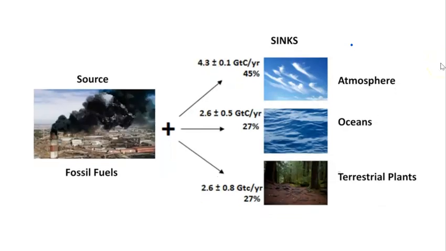And if we focus in on fossil fuels as representative of the major contributors, we know that this diagram is relating to the extra carbon dioxide production, that 45% of that extra carbon dioxide production ends up in the atmosphere.